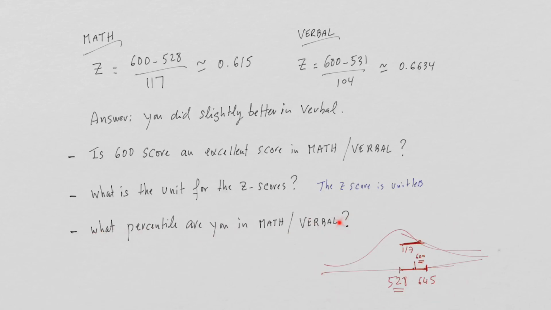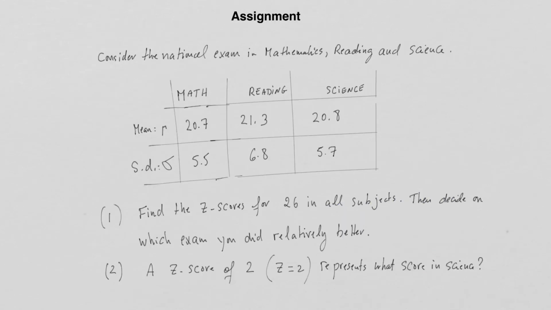So I did not answer this question. It's for you to think about, okay? Finally, I want to give you an assignment, and I organized it for you in a table. I went online as well, and I looked at the ACT national exam, everybody, in math, reading, and science.